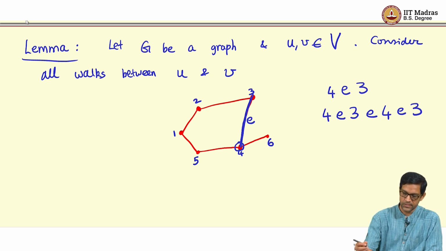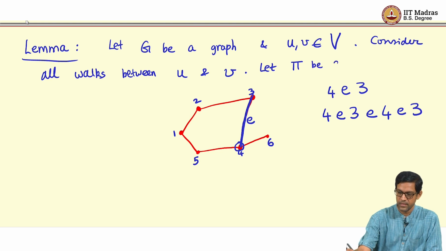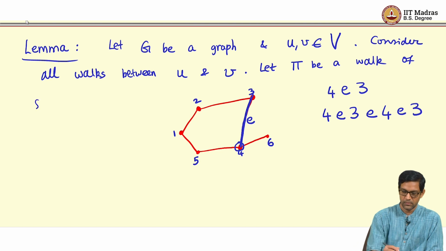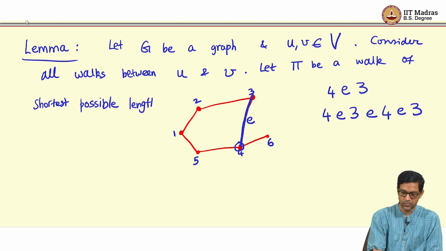Okay. So, consider all walks between u and v, and among those walks, let us find a walk of the shortest possible length. Let pi be a walk of shortest possible length.